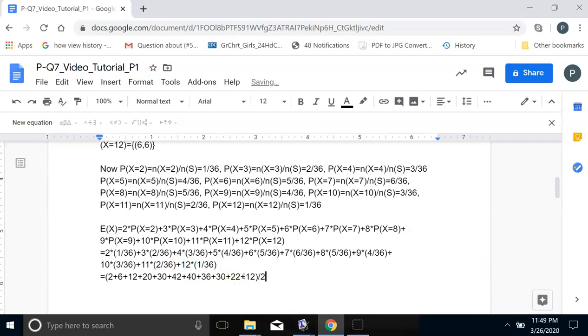This whole thing will be divided by 36. You can check, if you add up all those numbers, you get 252, divided by 36, and that will equal 7.